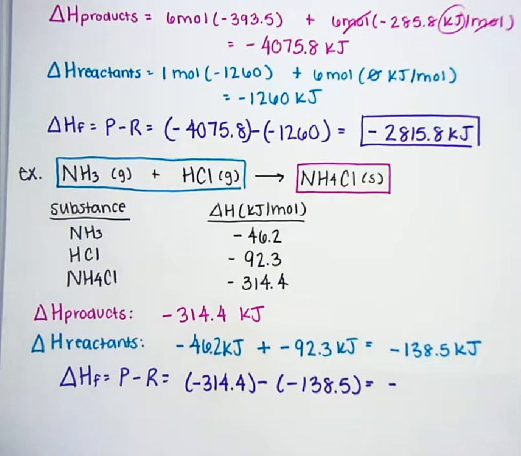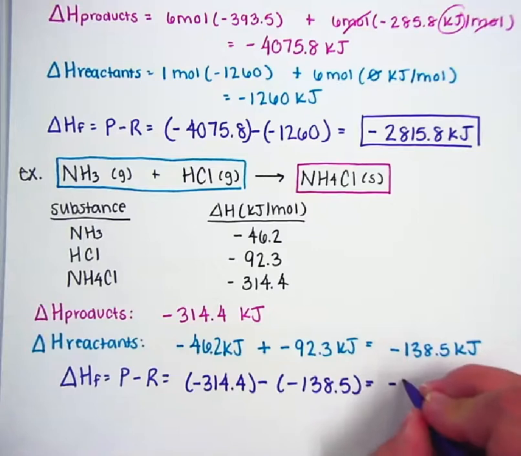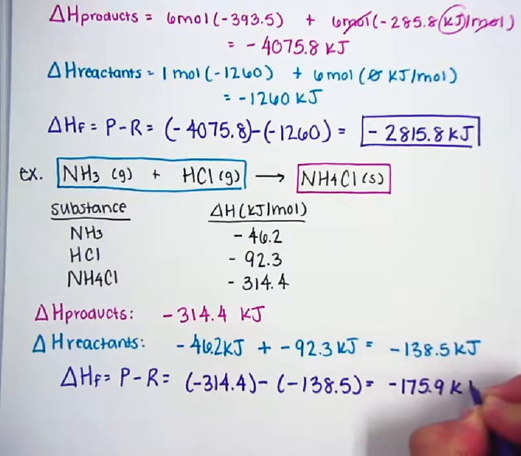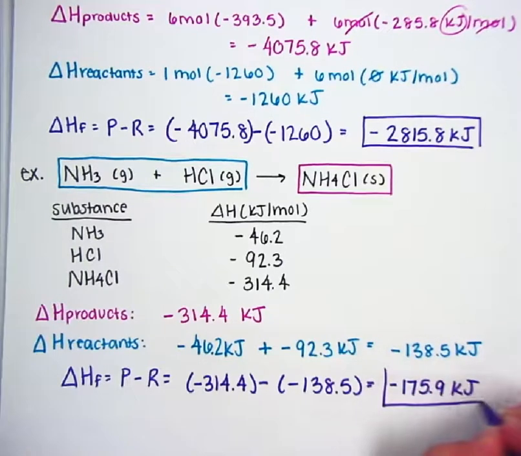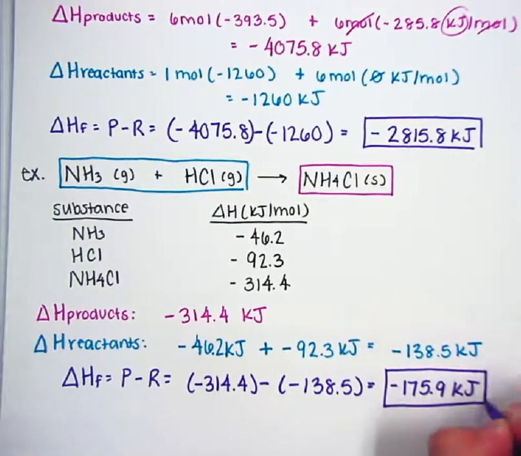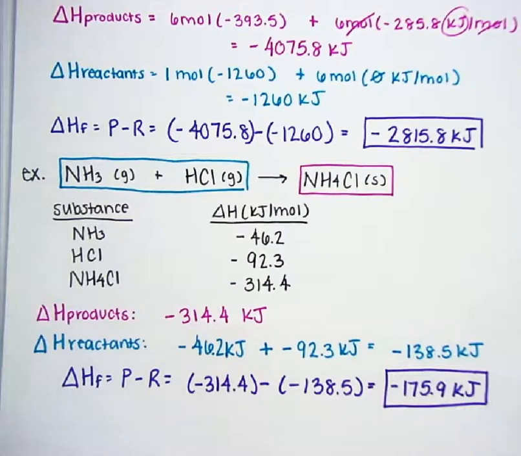Final answer, negative 175.9 kilojoules. This reaction is also exothermic because our delta H value is negative.